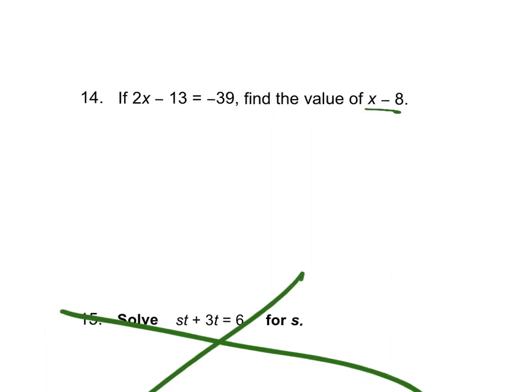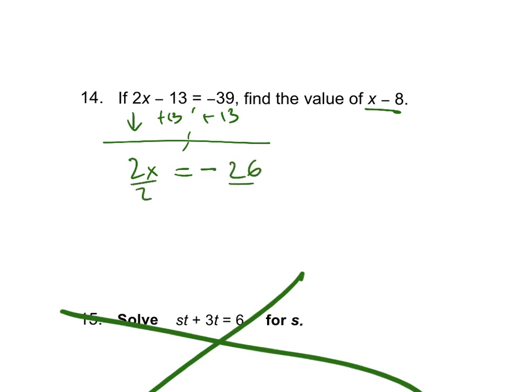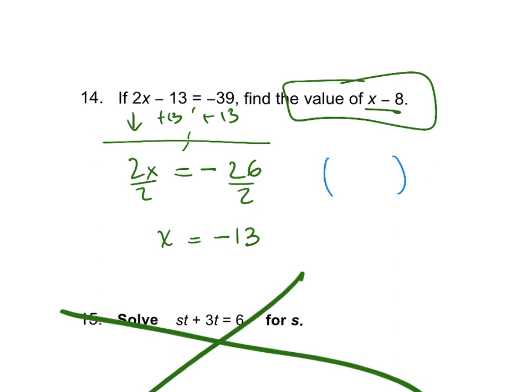They want you to solve for x and then plug it into x minus 8. So you would add 13. You would get 2x is equal to negative 26. Divide by 2, you get x is equal to negative 13. So they want you to find the value of x minus 8. Well, that's negative 13 minus 8, which is negative 21.